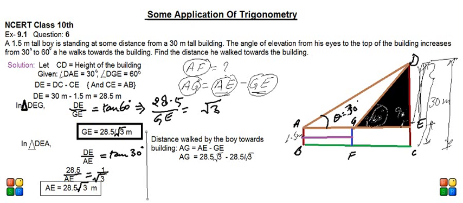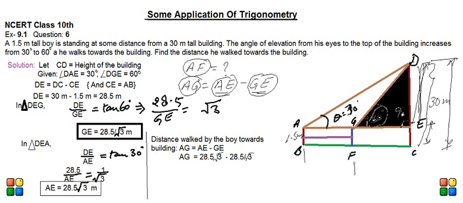So AG is equal to AE minus GE, which is the distance walked by the person from the initial position towards the final position.